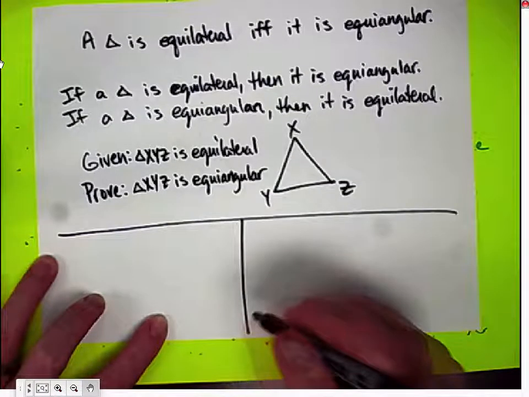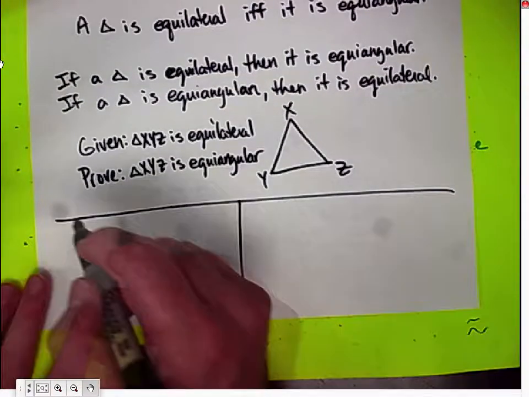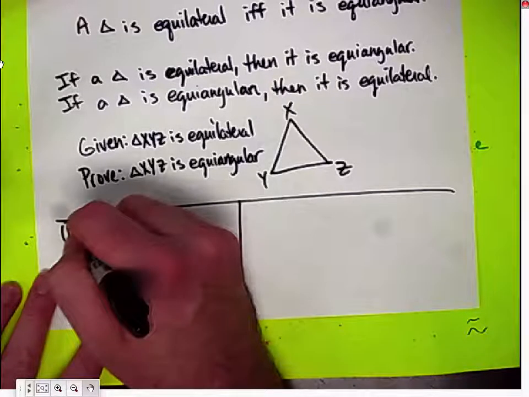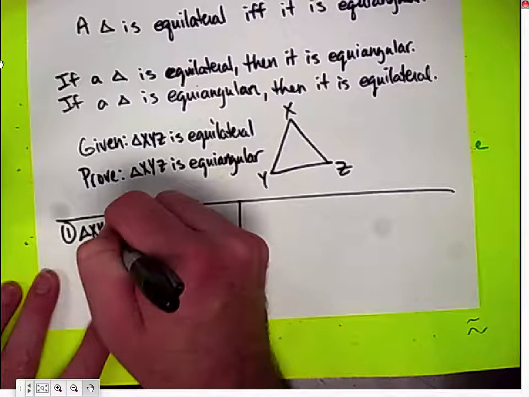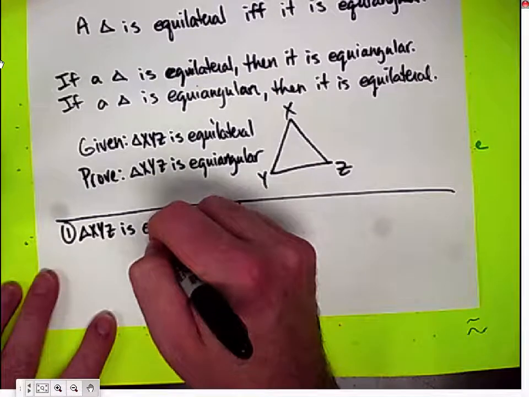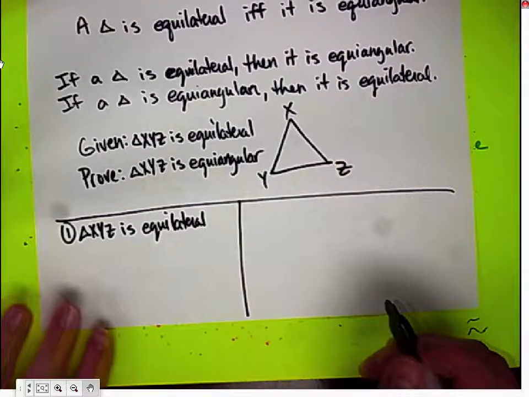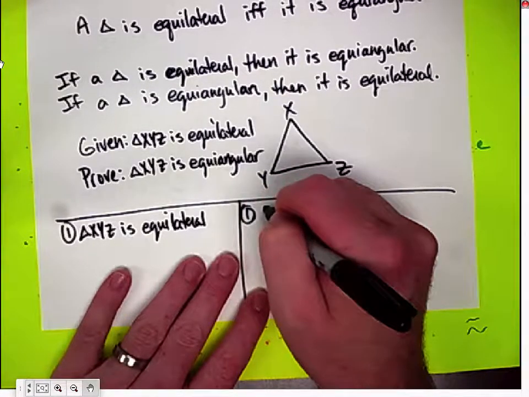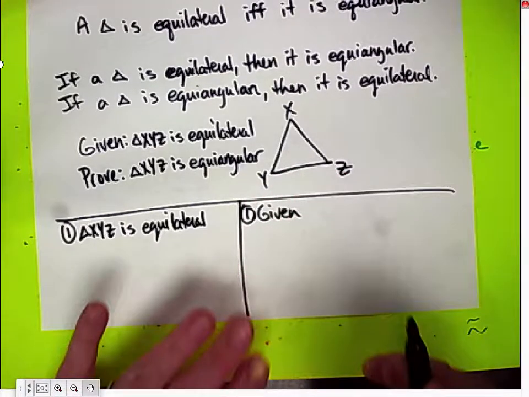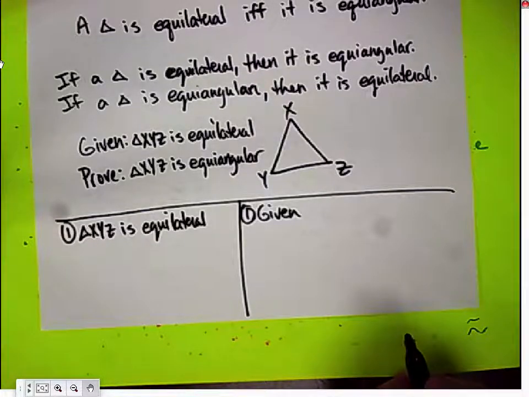It's a pretty short proof. Number 1, triangle XYZ is equilateral. That is given. Okay, what do we know if it's equilateral?